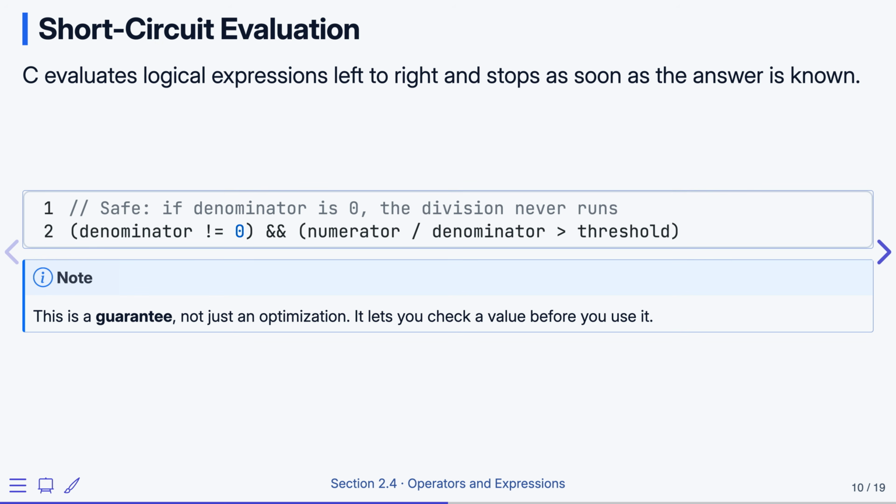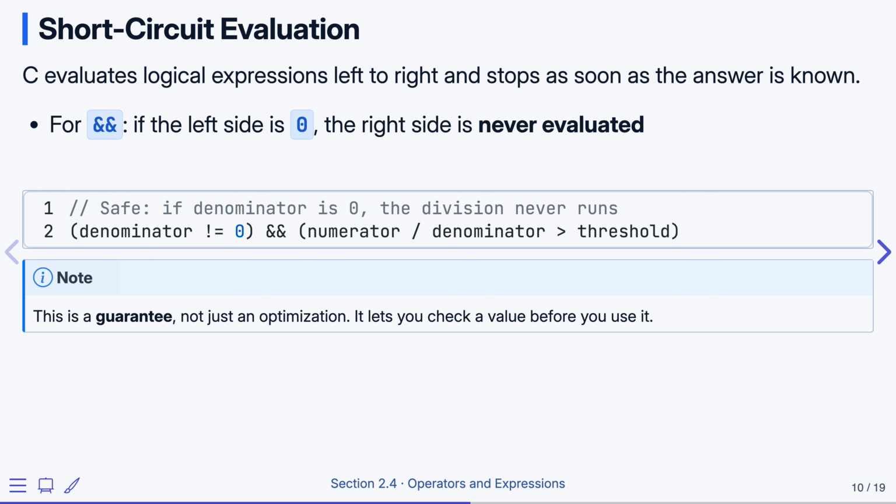Here is an important behavior called short-circuit evaluation. C reads a logical expression from left to right, and it stops the moment the answer is certain. For AND, if the left side is 0, the whole thing is already false, so C does not even look at the right side.